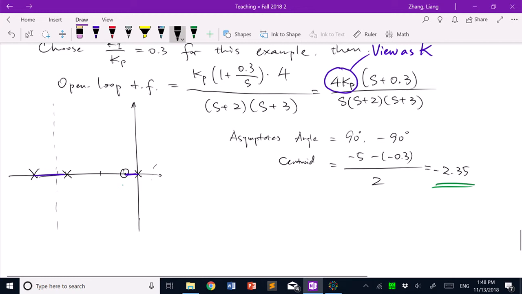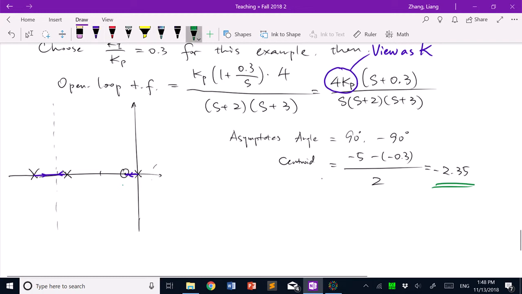And you can still do similar things to calculate the breakaway point, for instance. And for the sections, we know it's going to go this way. But the breakaway can be two possibilities.